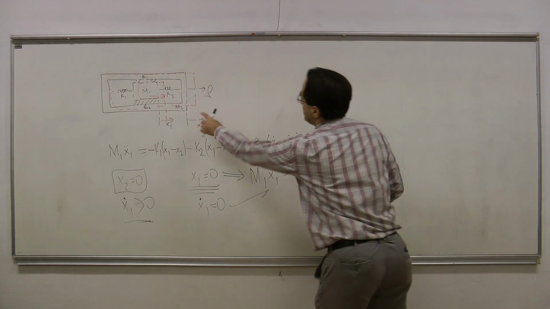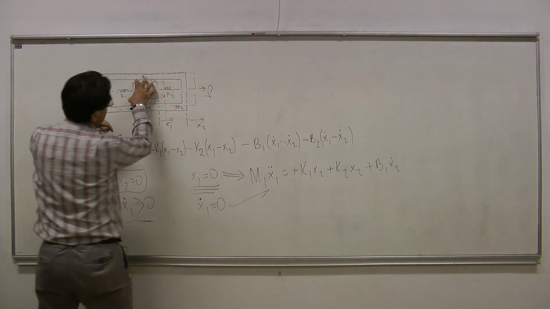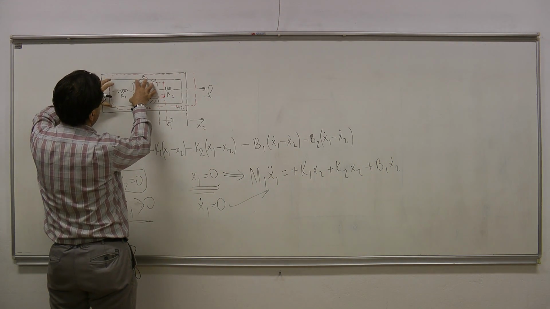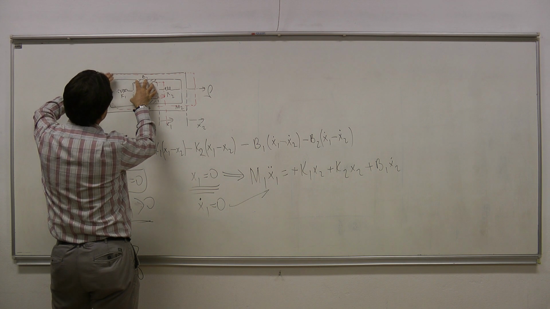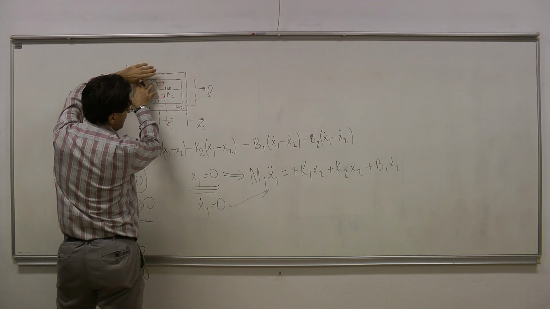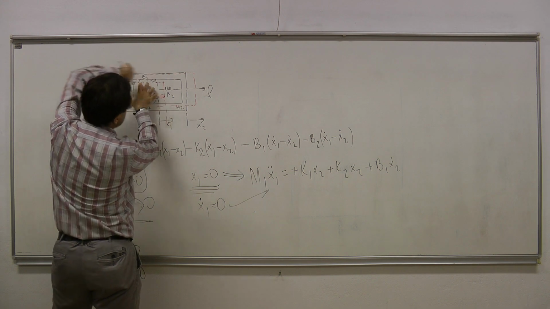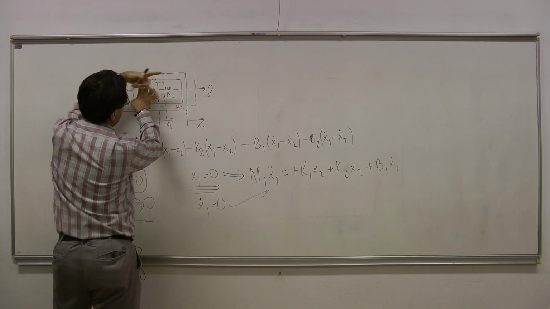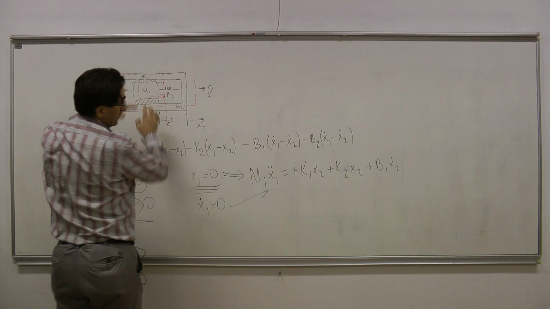If x2 dot is positive, when this mass is stationary, meaning that this outer mass is going towards right with positive velocity, on m1 there will be a force pulling it towards the right. Okay?